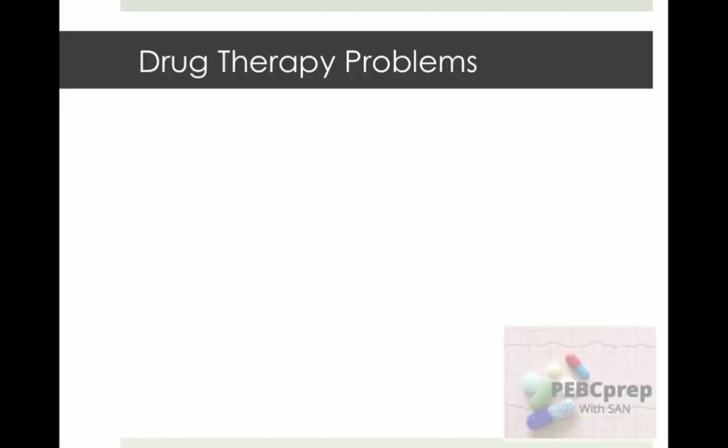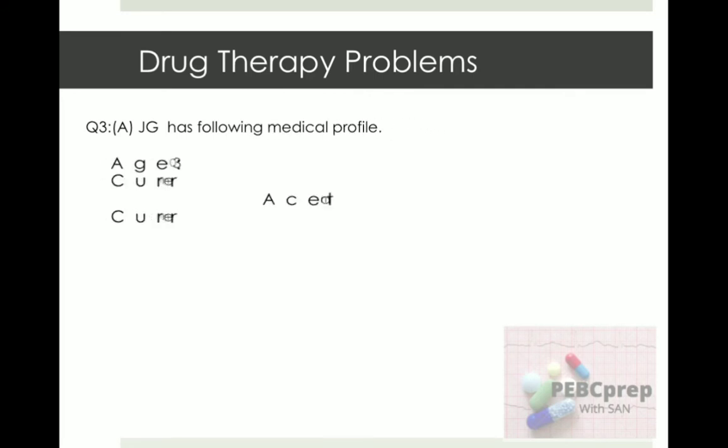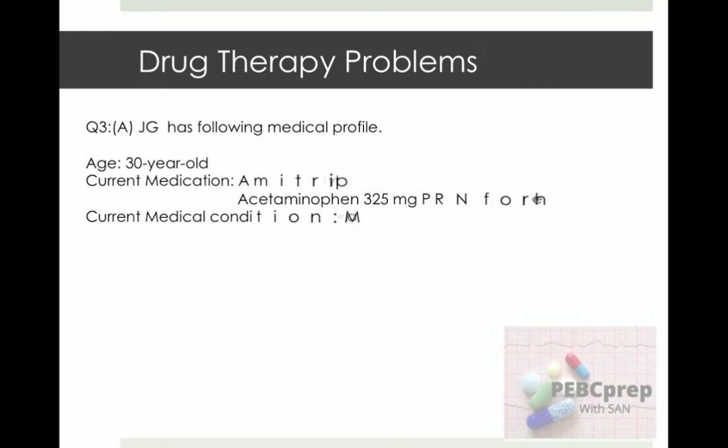The next example is JG, who has the following medical profile. Age 30 years old, current medication amitriptyline 75 mg at bedtime, acetaminophen 325 mg as needed for headache.